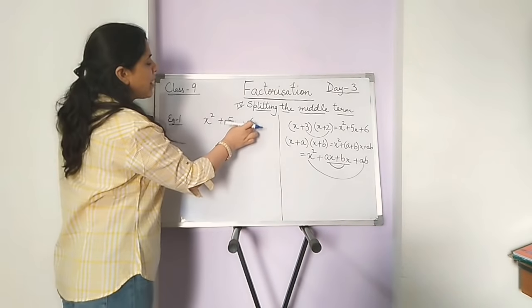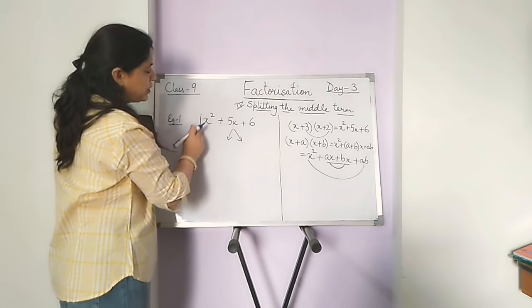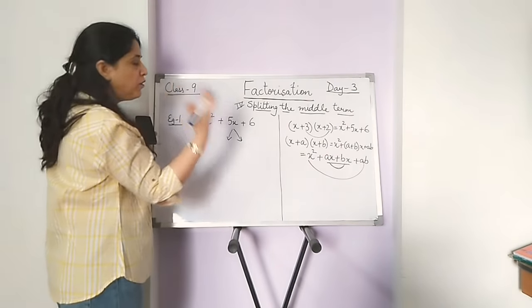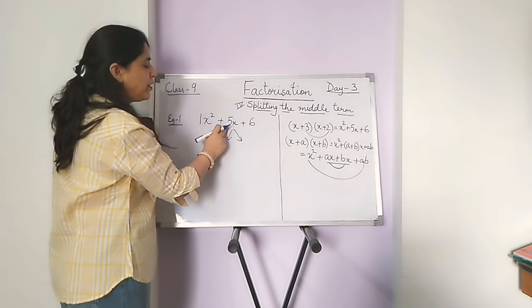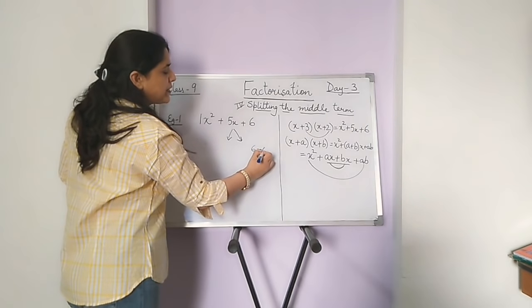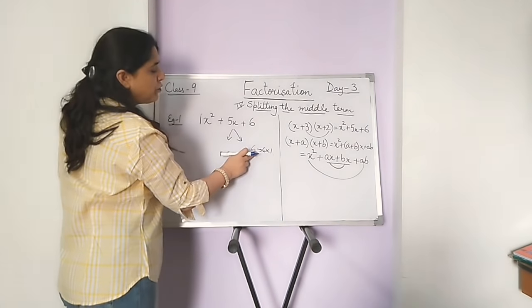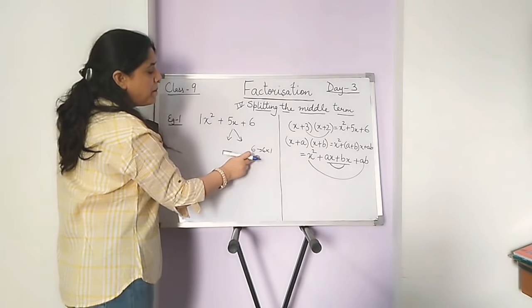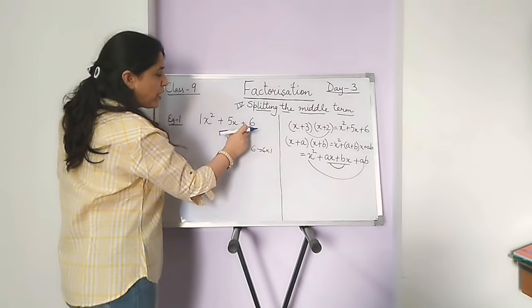Now, if we see the factors of 6, and the coefficient of this is 1, 6 ones are 6. So we take out the factors of 6. 6 is 6 into 1. Yes, if you take plus 6 and plus 1, you cannot get plus 5. Plus 6 and minus 1, you have to get plus 6.